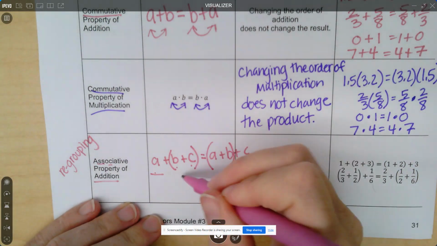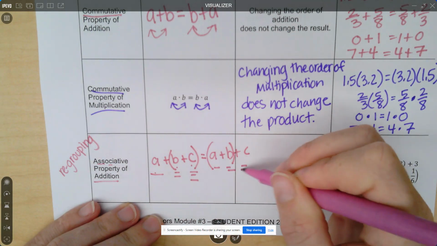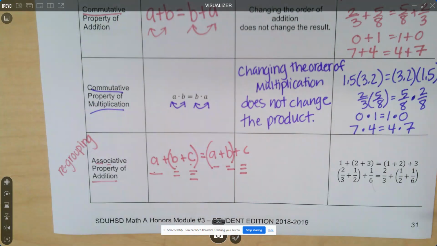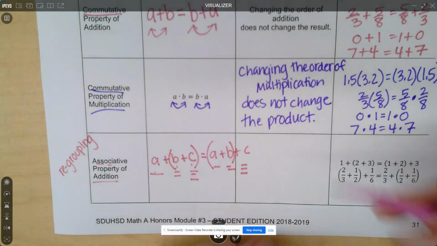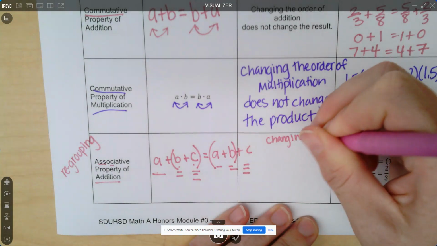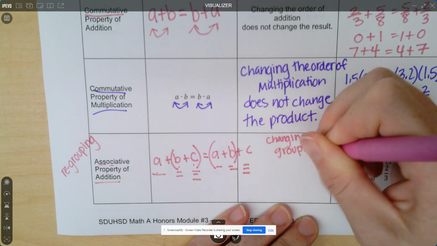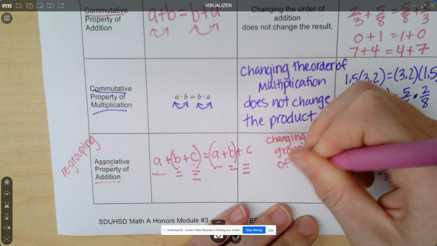It's still A, B, C. So a big hint about when we have associative property is if the order is staying the same, but just the grouping changes. So here, changing the grouping of addition.